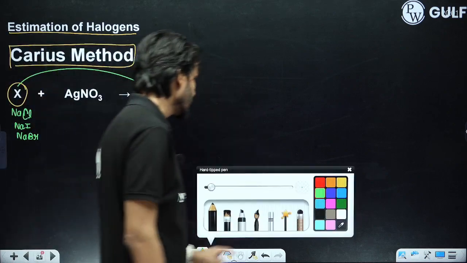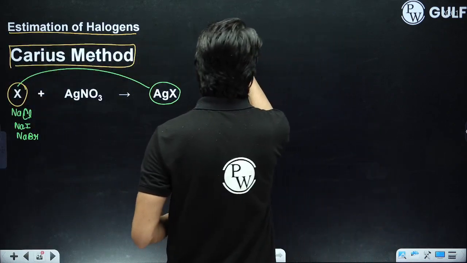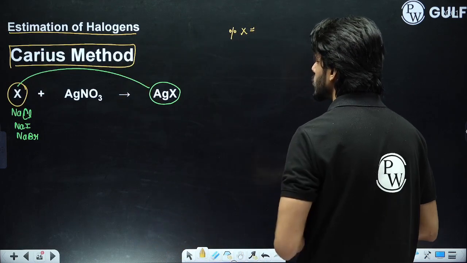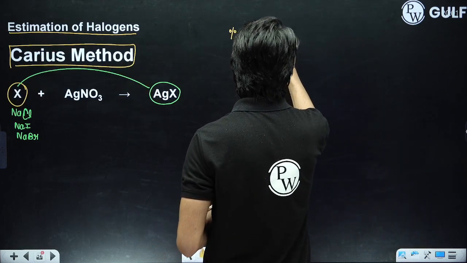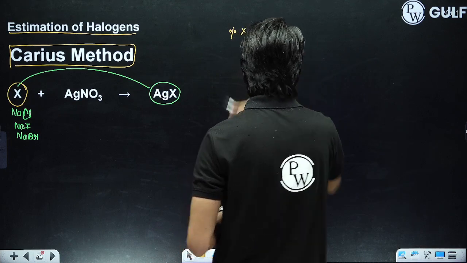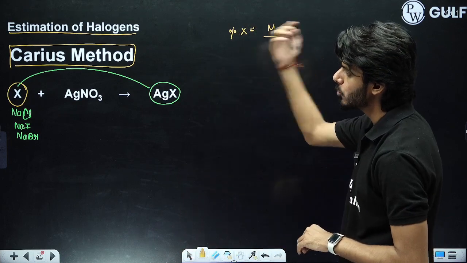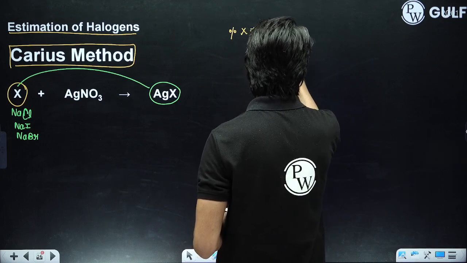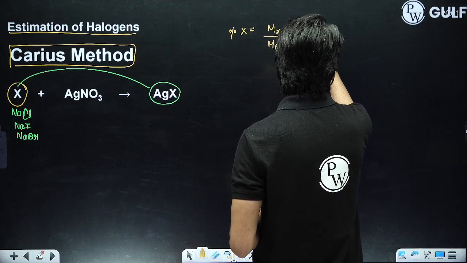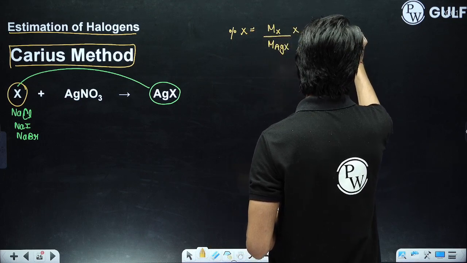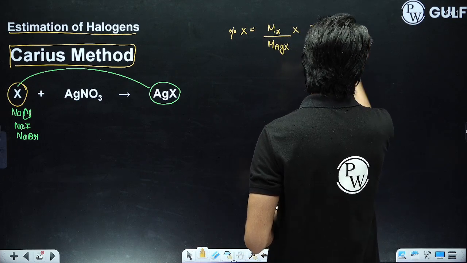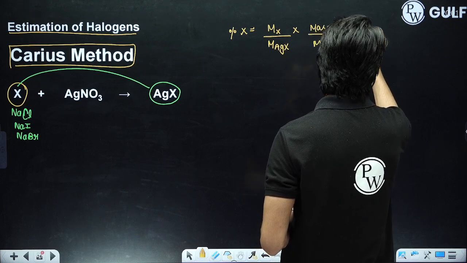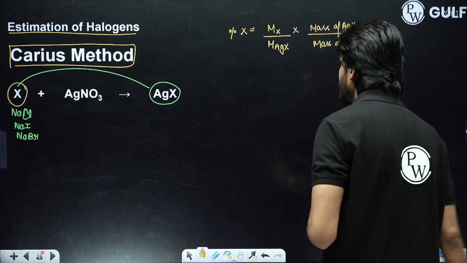Now, how will you find the percentage? Percentage of halogen is going to be, first of all, the mass of this X, where X is nothing but the halogen, it can be chlorine, iodine, or bromine, divided by the molar mass of AgX, multiplied by the given mass of AgX, divided by the mass of organic compound, multiplied by 100. What does it mean? Let's understand this.